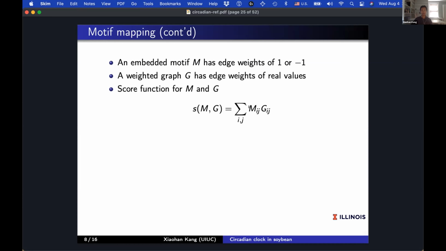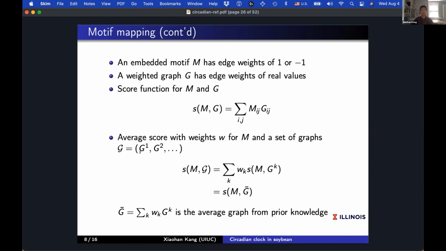So we can see that if the motif has activation where G has positive weight, then this score is going to be higher. So it shows the motif and the graph are more consistent when the score is higher.